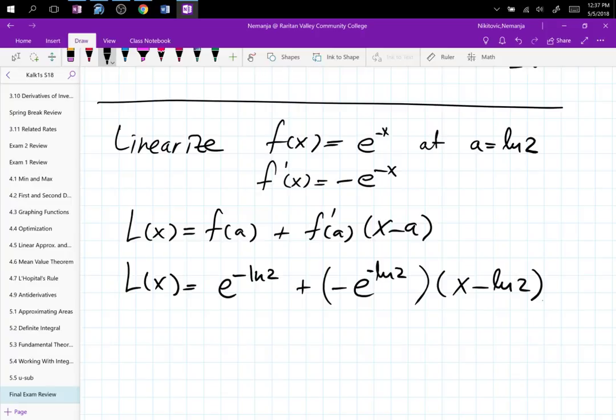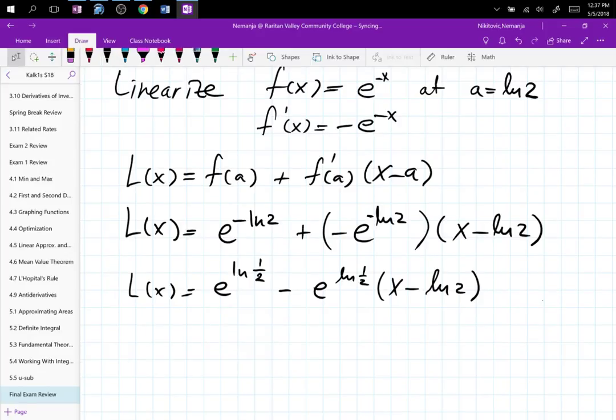So, compute e to the negative ln 2. I know that this negative can jump inside, and I have e to the ln of 1/2 minus e to the ln of 1/2 times x minus ln 2.